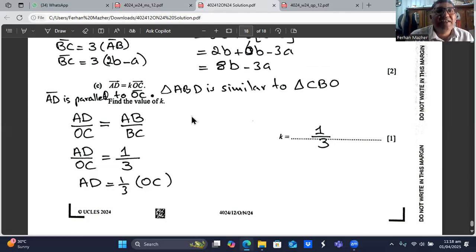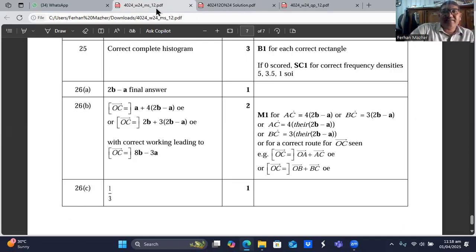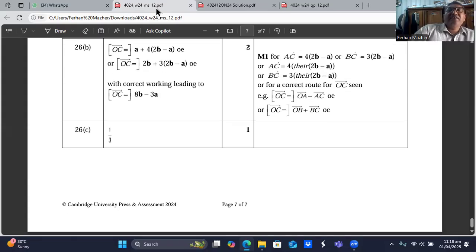That means the AD side divided by the OC side will be equal to the AB side divided by the BC side. We already know the AB and BC ratio is 1/3. So AD will be equal to 1/3 of the OC. This is the statement. So the K value is 1/3. So it's very important to recognize that those two triangles are similar to each other.